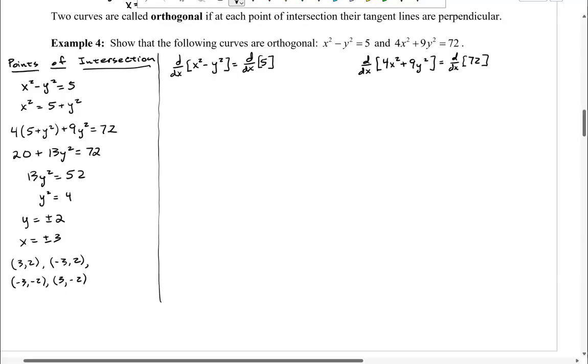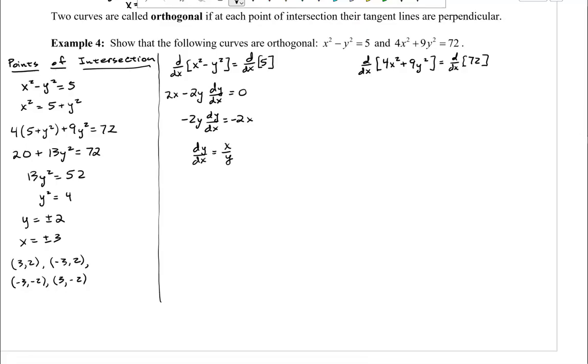For the first equation, we get 2x minus 2y dy dx is equal to 0. Solving for dy dx, we get x over y.